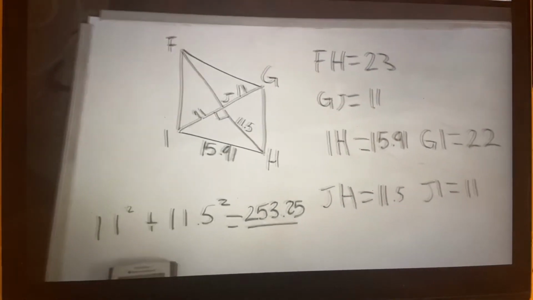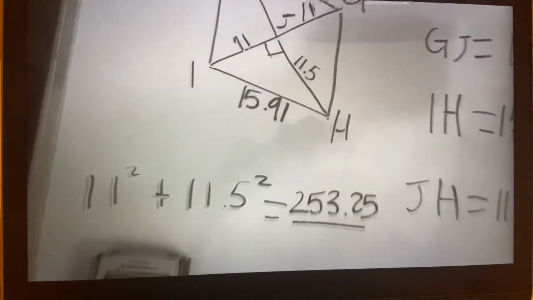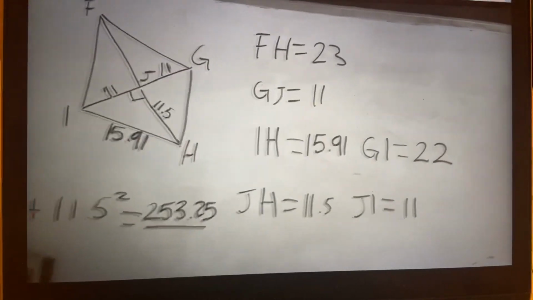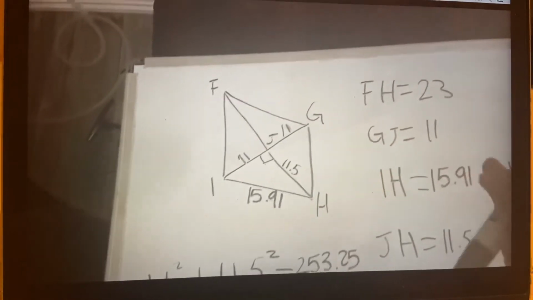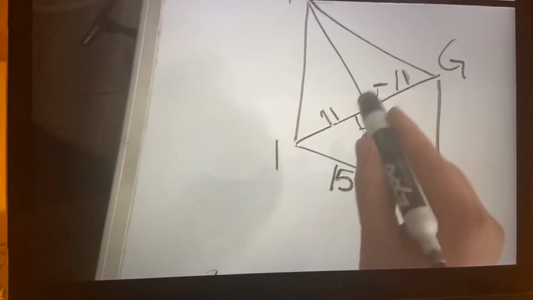Again, don't be intimidated by the amount of measurements it's asking for. A lot of the times, to get you started, the measurements they give you are going to give you some type of measurements here. For instance, they gave us JH. We know diagonals bisect each other, which means they're cut in half equally.